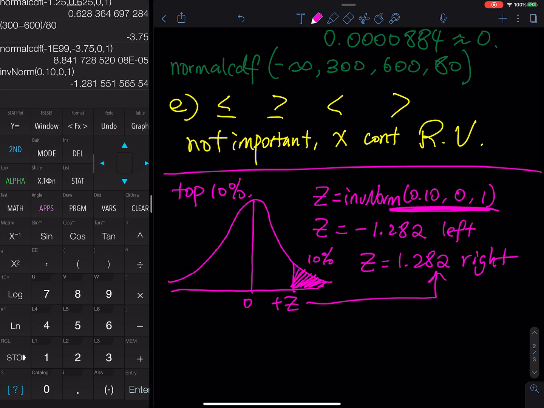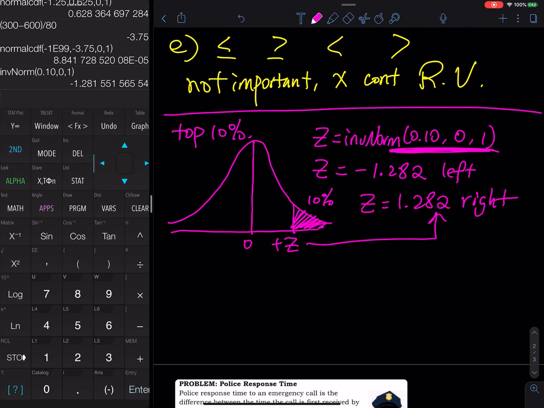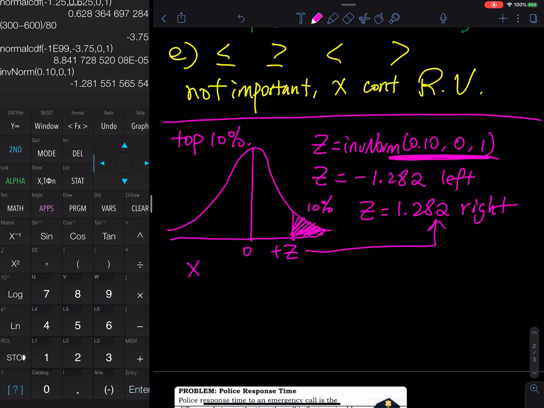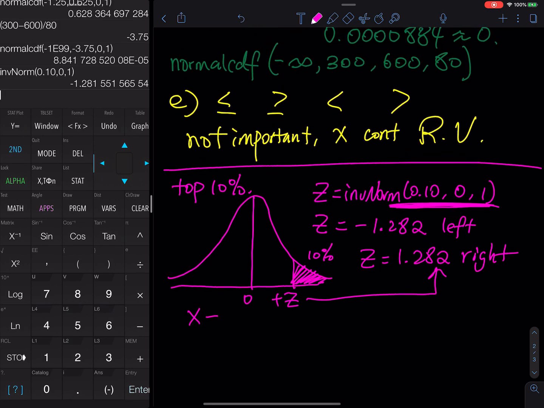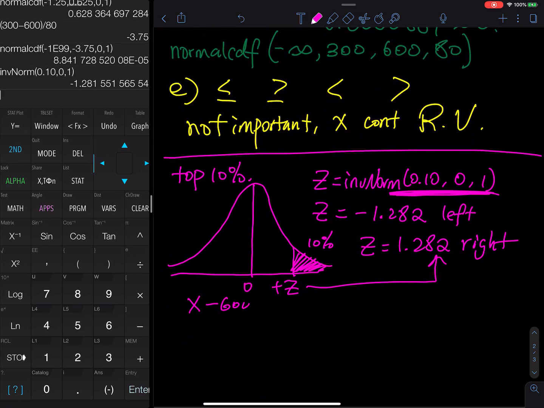You don't receive a 1, right? You receive like a couple hundreds. So you take X, that is what you are looking for. You subtract the 600, right? The mean is 600. And then divide by 80 equals 1.282.